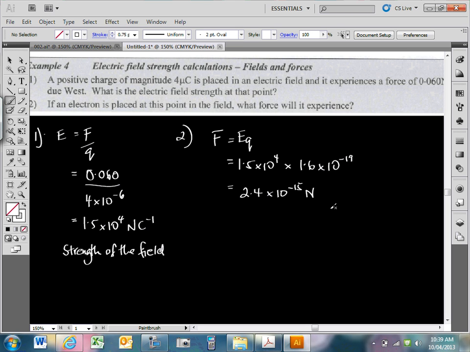Force is measured in newtons. What have I forgotten? Which is east.